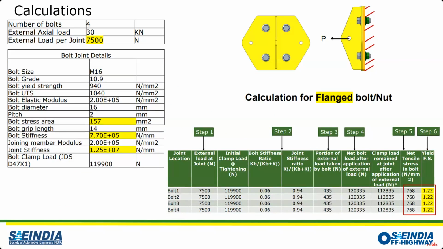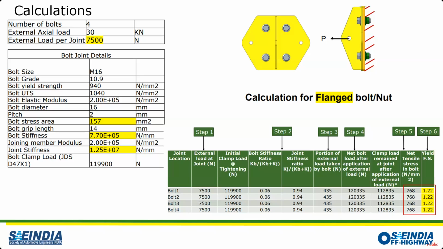Sure. So this is the last slide on the calculation part, and then I'll share some tips. Those steps which I mentioned, you can follow based on this calculation for the bolt stiffness, and find out how much actual preload is present in the bolt after application of the external load.